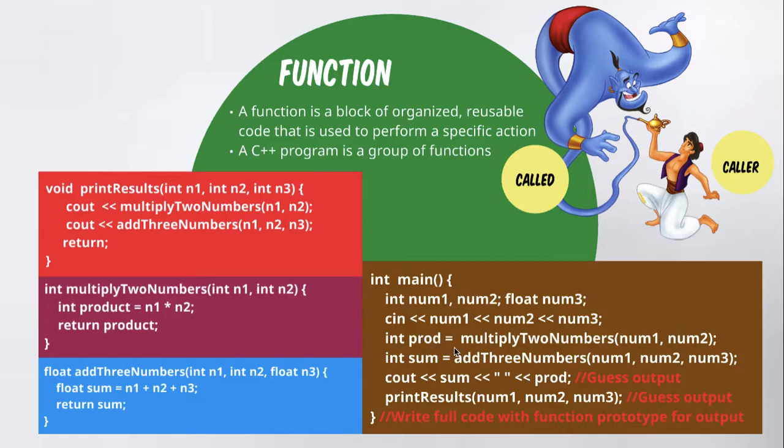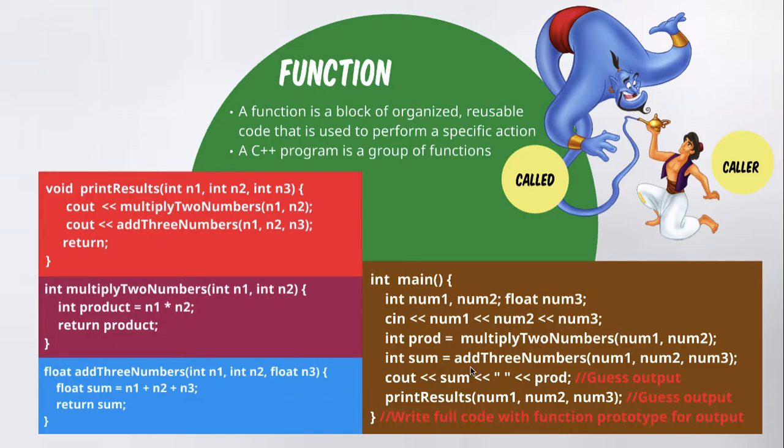The same thing happens for the add 3 numbers also. This function is a little bit complex in nature, however fairly simple. In this function, instead of 2 integers only, we have 3 different parameters. The first 2 of them are integers, n1 and n2, and the third parameter is n3, which is of type float.